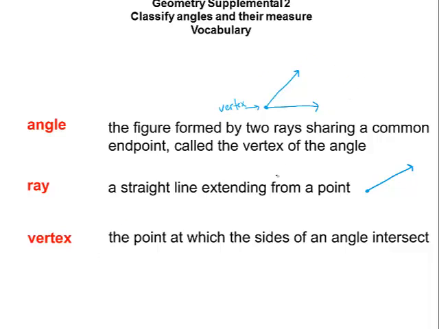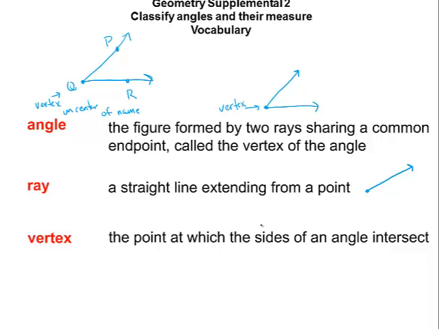Now, when we named lines, the order of the letters didn't matter. But when we named a ray, the order did matter. In an angle, the order of the letters matters. So if we have an angle, and we have, say, P and Q and R, the vertex has to go in the center of the name, because that's telling you that that point is the vertex.